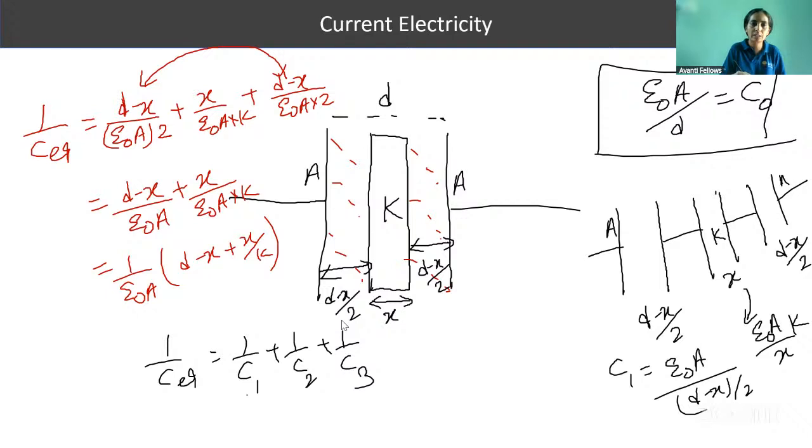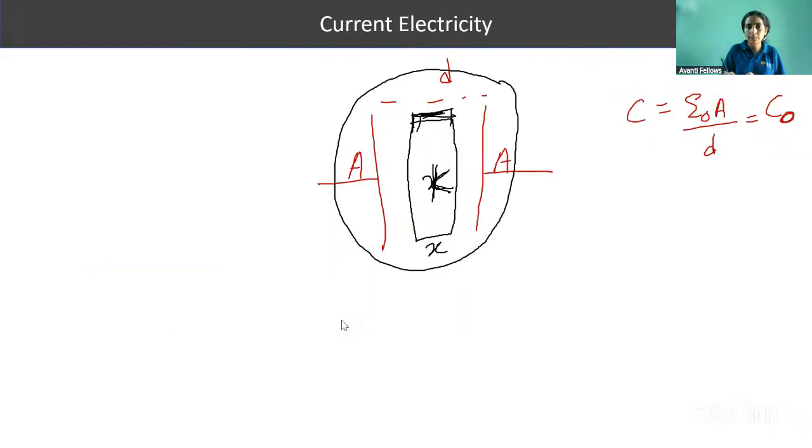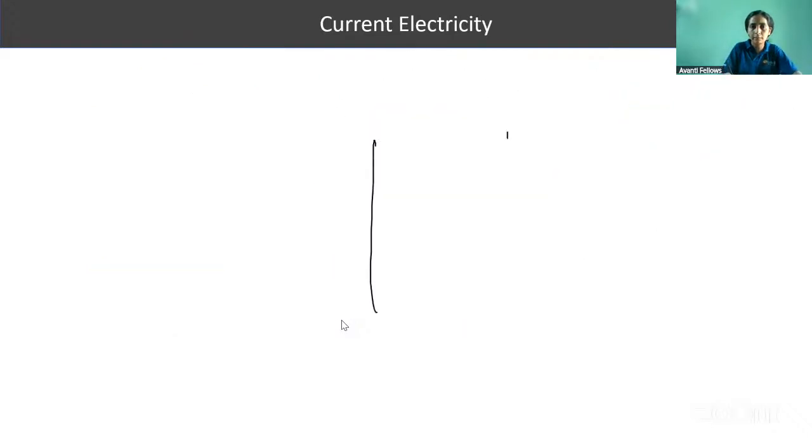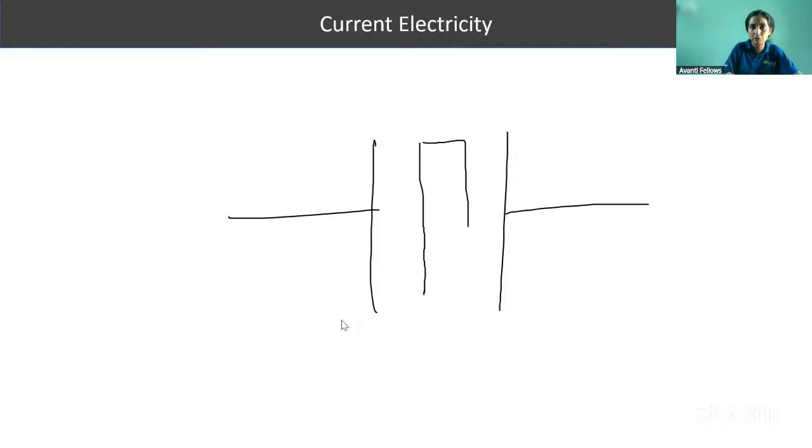What I'm trying to say here is that finally, when we add, we are seeing that we are adding two capacitors. One is this and another is this. The simple meaning is: if you are given one capacitor, and there is one dielectric of any thickness T placed in between the plates of the capacitor, then you will get simply two capacitors.